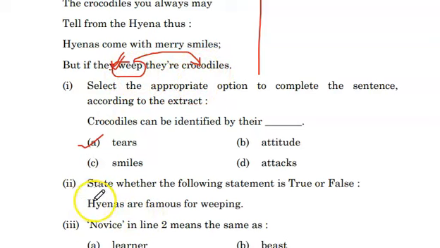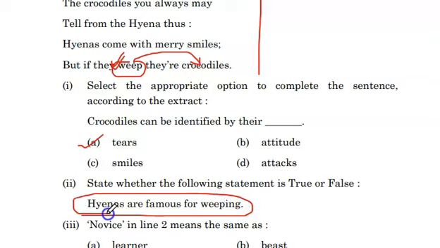Now look at option 2. State whether the following statement is true or false. Hyenas are famous for weeping. So this statement is telling you that hyenas are famous for weeping. But this line says, tell from the hyena thus, hyenas come with merry smiles.